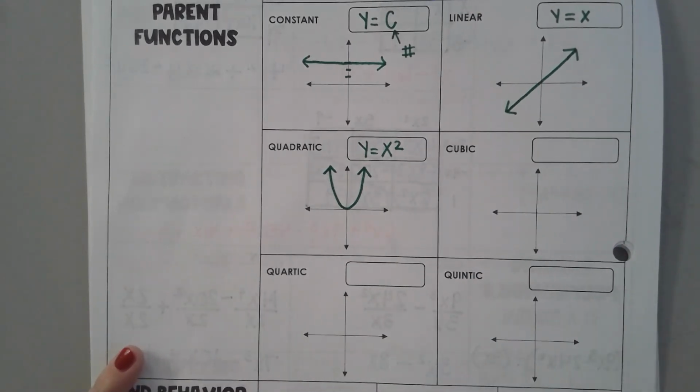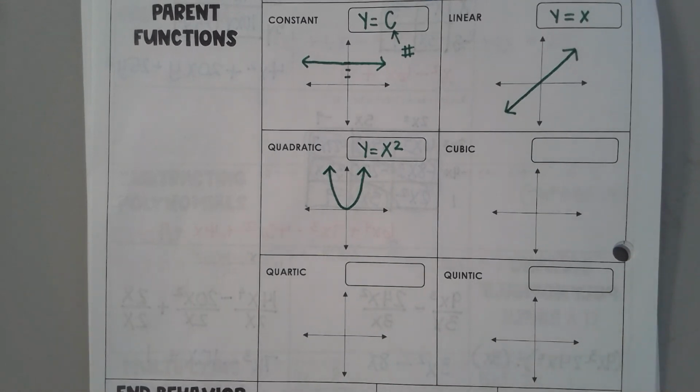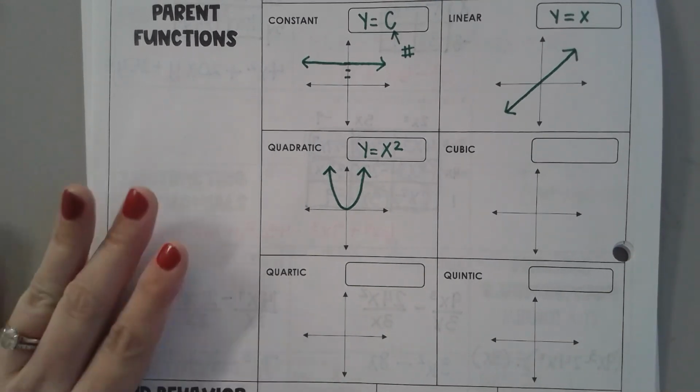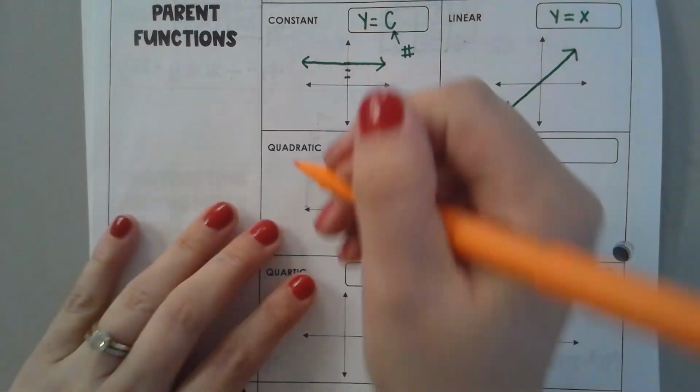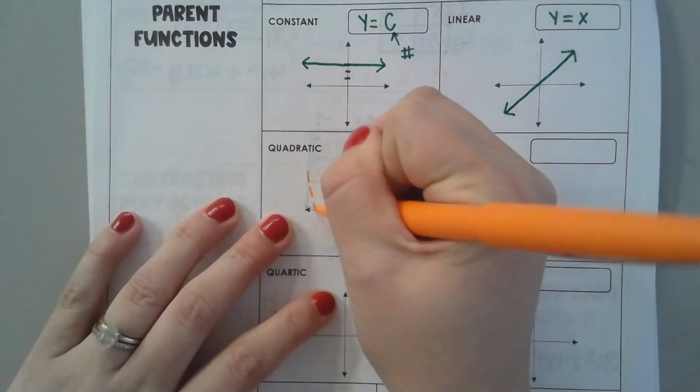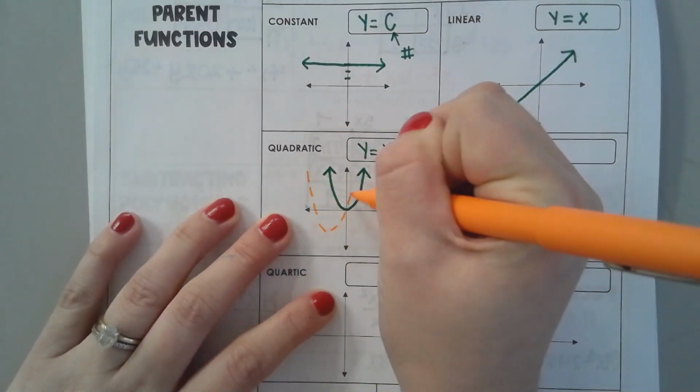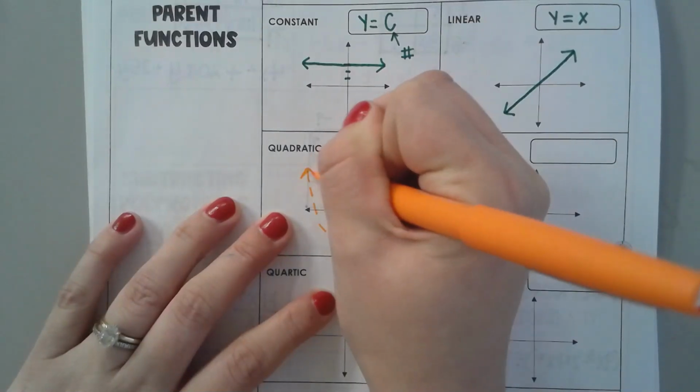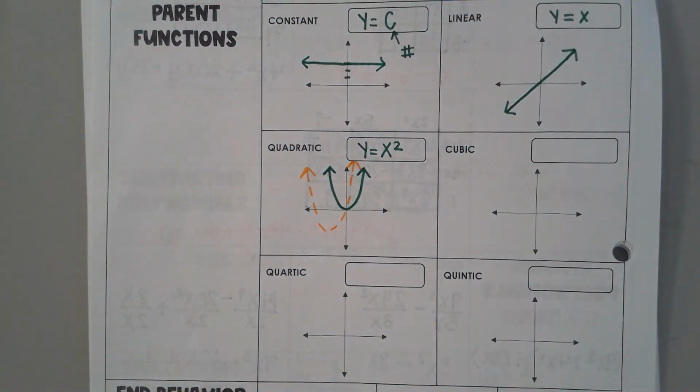Now I'm also going to show you another way that you might see a quadratic. It might look something like this. So the parent function I did in green, but another choice that's still a quadratic, that's what I did in orange.